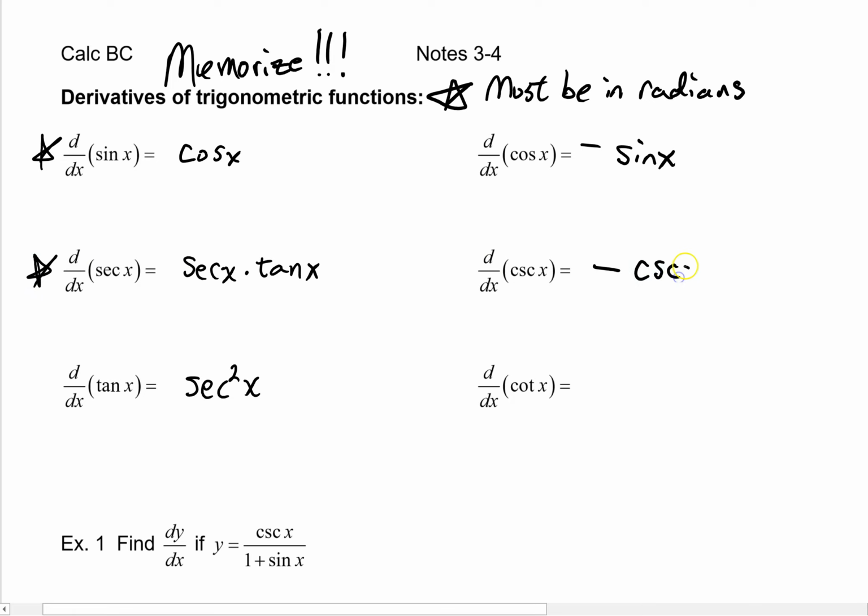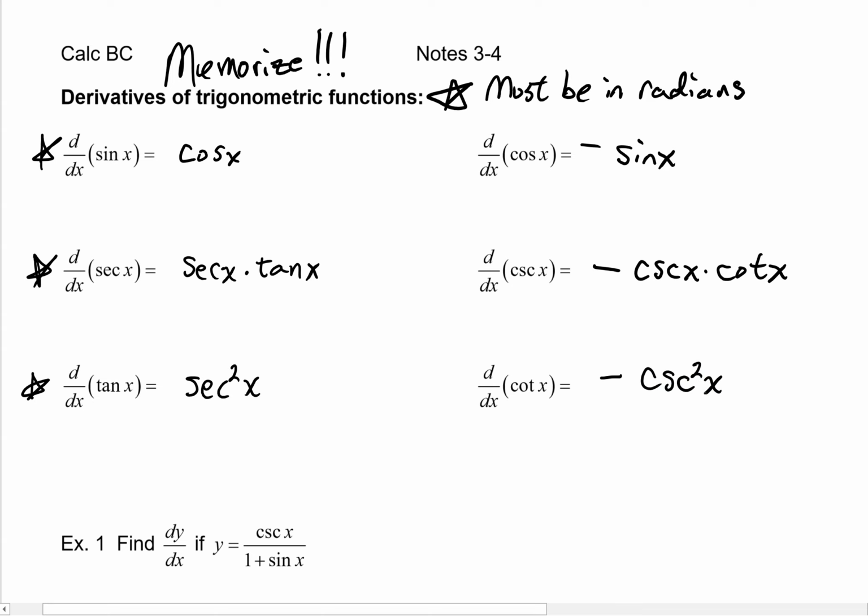Here you'll get cosecant of x times cotangent of x. You can see that there's some strong similarities between the derivative of secant and the derivative of cosecant. And then finally, the derivative of cotangent, very much like what you're seeing for the derivative of tangent, although look, you're going to say the opposite of, and then we'll have cosecant squared.